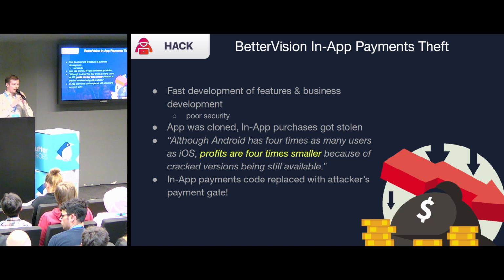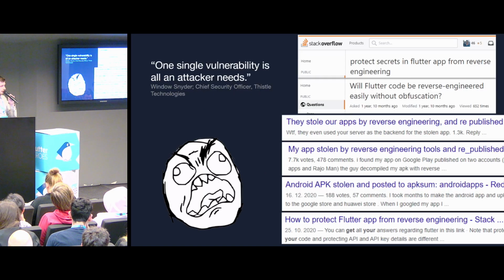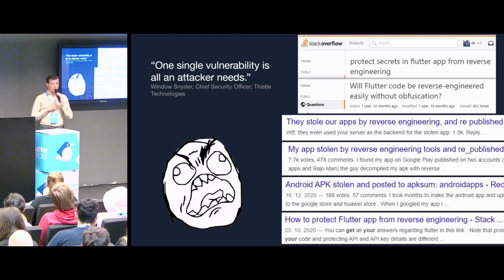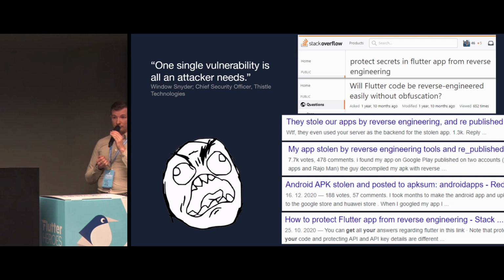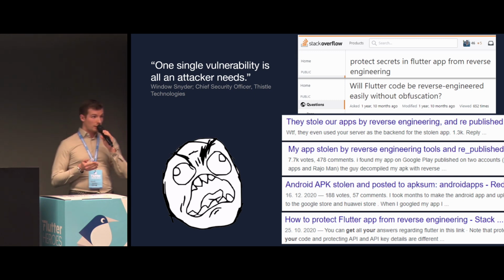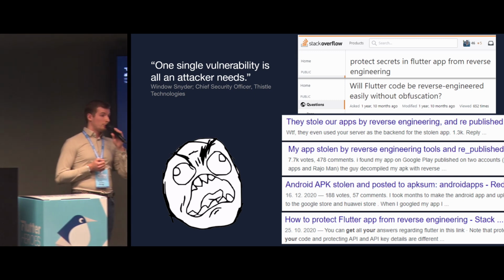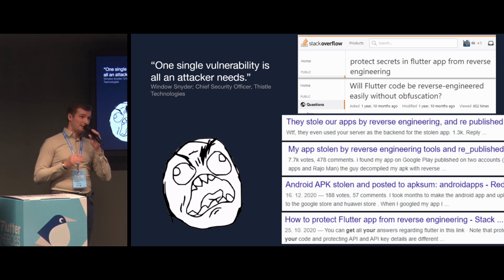So I know personally that people are searching a lot for ways how to protect themselves, and especially Flutter people often get confused because nowadays Android and iOS native apps are a little more mature.